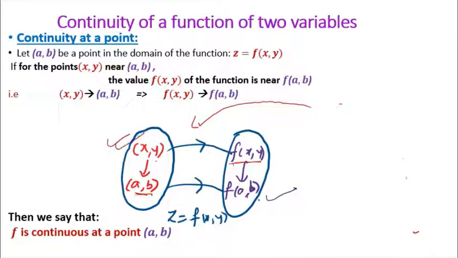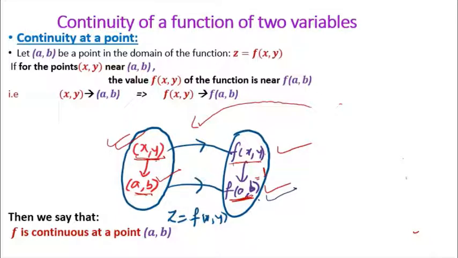In the domain xy is there, ab is there, and f of ab is also there. If as x comma y tends to a comma b, f of xy also tends to f of ab, none other than f of ab, and this is the limit L, then you call this function f a continuous function.